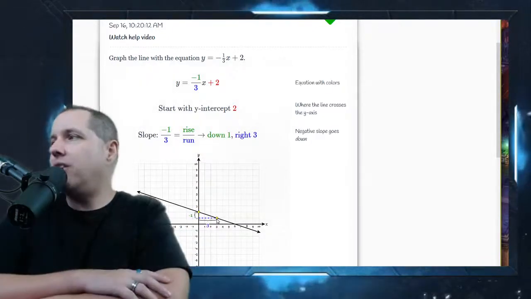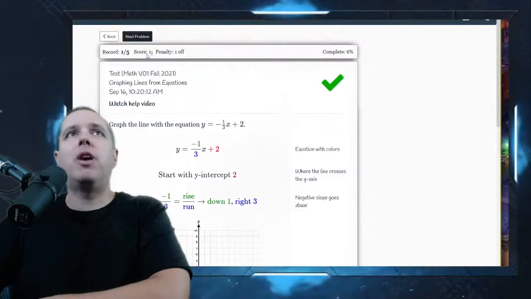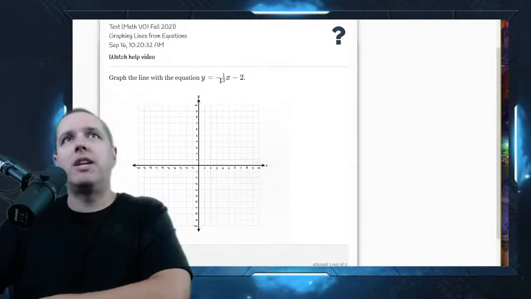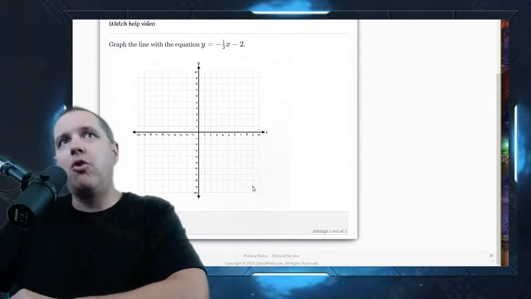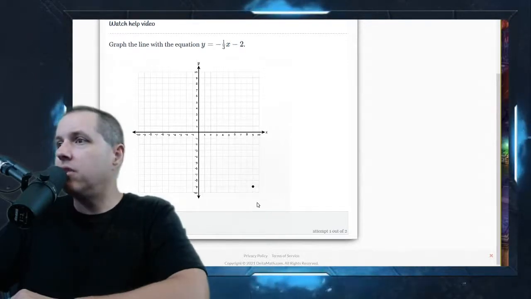So why can't you just always use that? Well, think about it this way. What if you're doing a problem where our slope is negative 1/3 x minus 2, and you were over in the corner? Well, I don't have any room to go down 1/3. I'm off the graph, right?